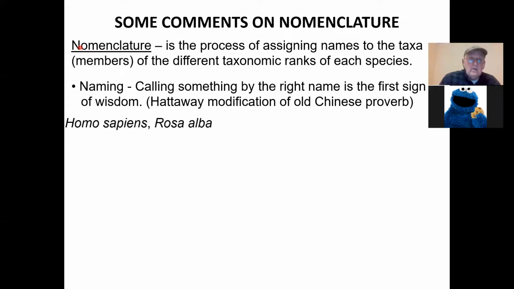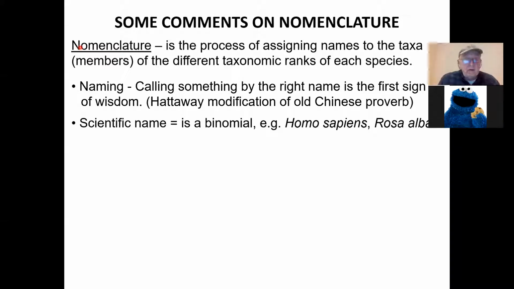And now, trying to distinguish between the scientific name, which is the same as a binomial. A scientific name, or binomial, consists of 2 parts. A genus name, like Homo for the animal or Rosa for the plant. And it also consists of a second component called the what? The specific epithet.